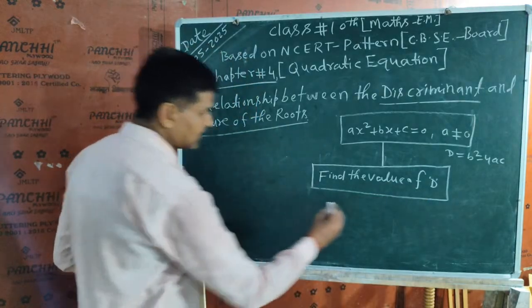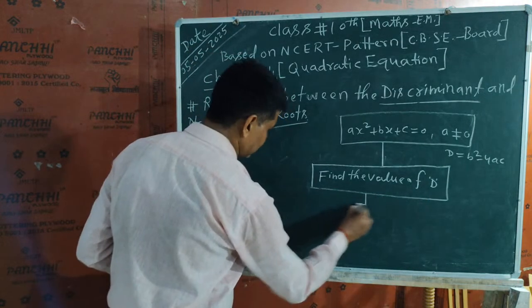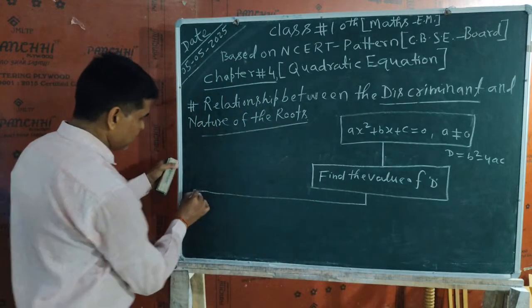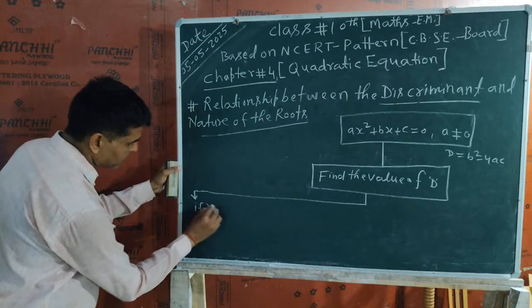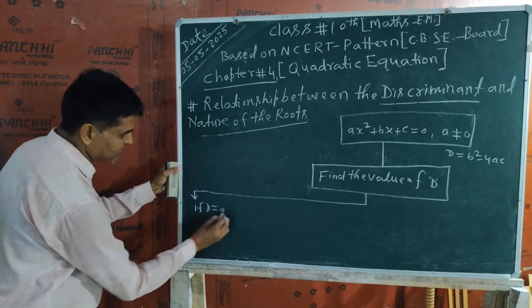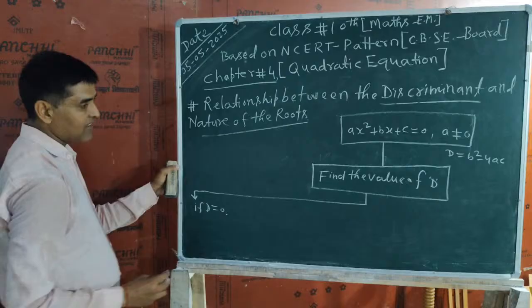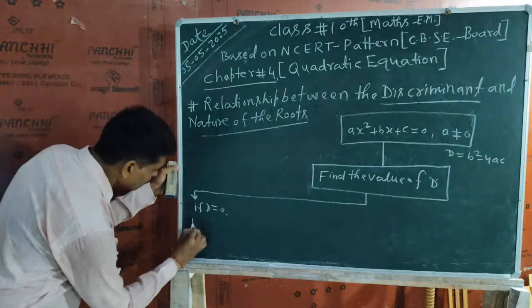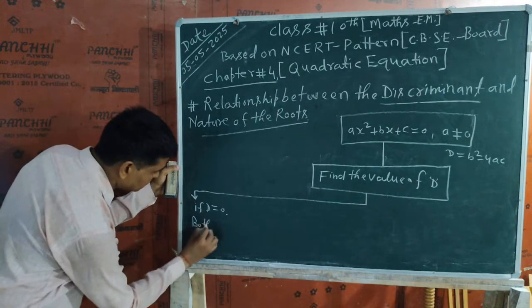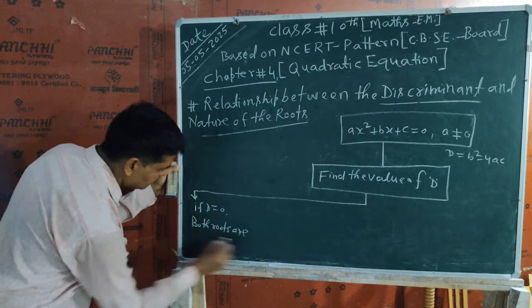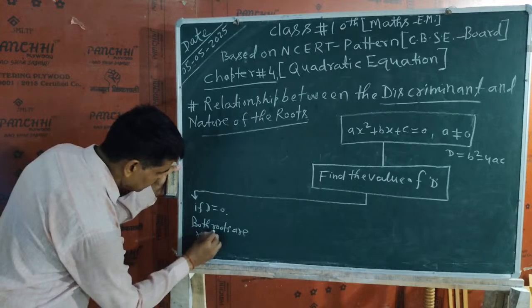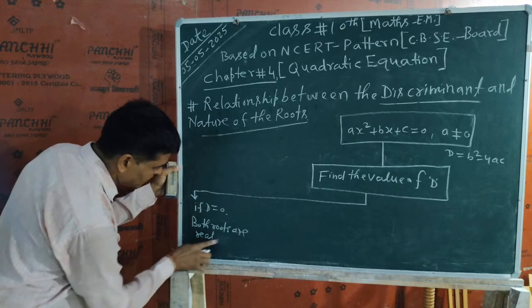Now there are three conditions. I am going to explain each condition in detail. Now here I am writing, if the value of D is equal to 0, in this case I will say both roots are real and equal.